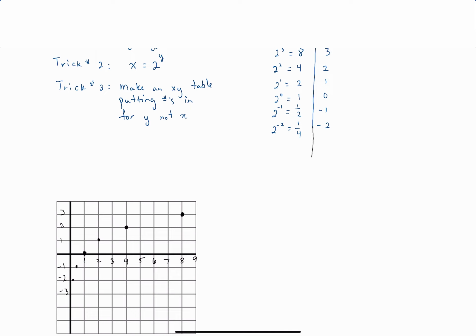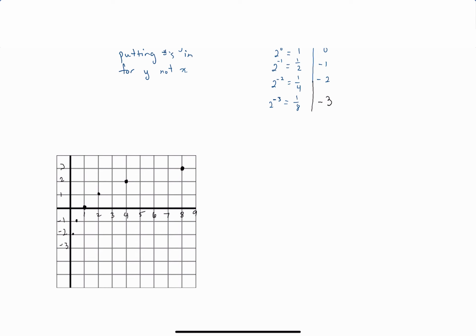Let's also put in one more line on our xy table. What if y was -3? Then x would be 2 to the -3 power, which is 1/8. So we have the point 1/8, -3. So what's going to happen is smaller and smaller x's are going to be corresponding to bigger negative values of y.